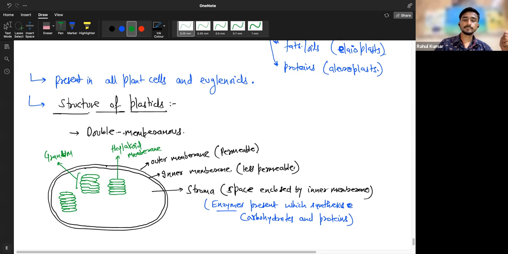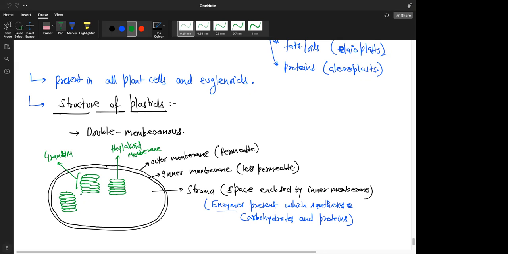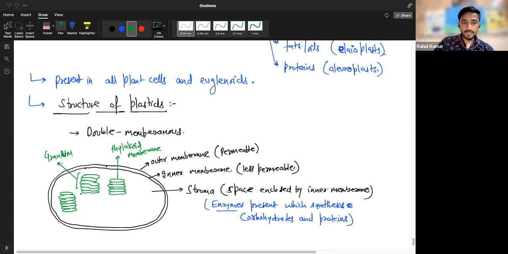These individual granum are connected to each other.